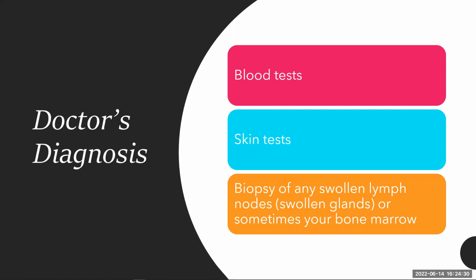Now, if doctors do suspect an immunodeficiency disorder, they will detect it if, upon asking questions in terms of the diagnosis, you find that you have been sick a lot, your sicknesses are often severe, or you don't respond normally to treatment. So what they usually do then is order a blood test, and this test may show a very low white blood cell count or low levels of substances made by your immune system.